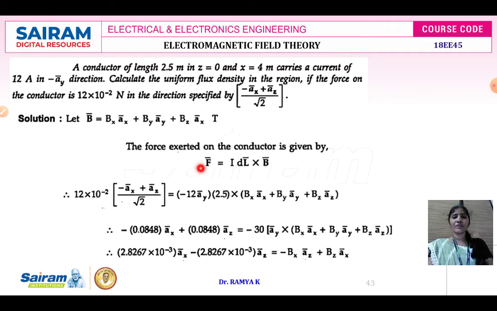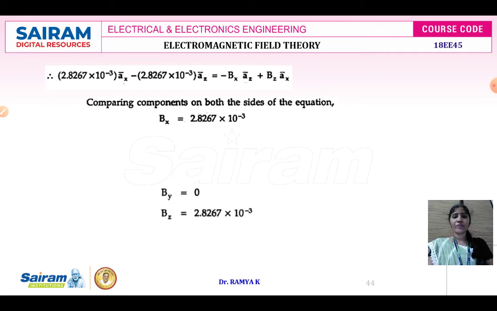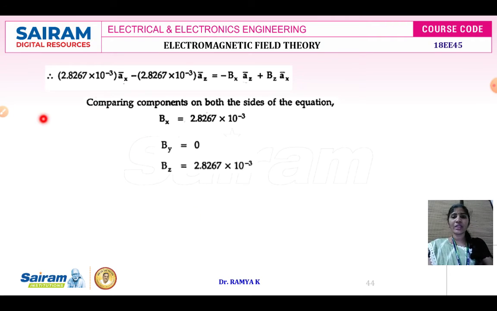What is the force given? Force given is 12 into 10 to the power of minus 2 in the direction specified, so 12 into 10 to the power of minus 2 into minus Ax plus Az divided by root 2. Equating both sides of the equation and equating the coefficients of Ax, Ay and Az, we get Bx, By and Bz as shown over here.